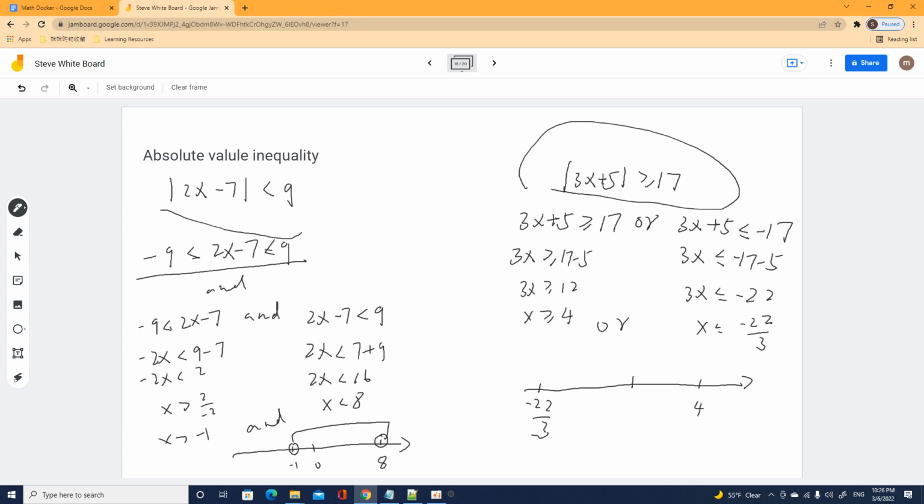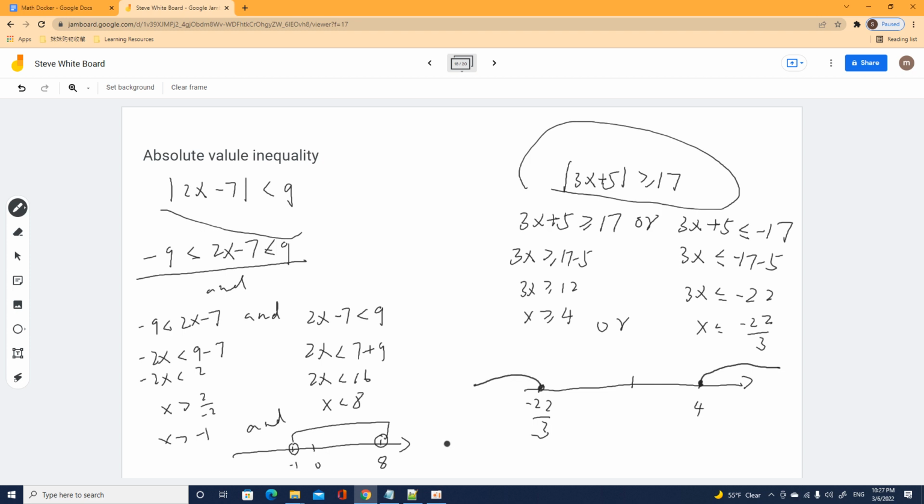That is a dot, not a circle. This is also a dot.